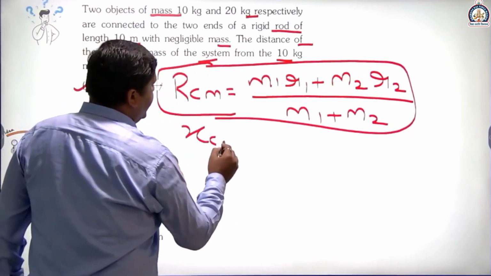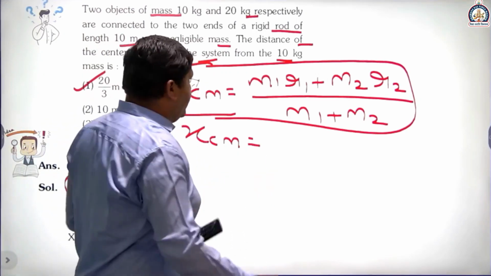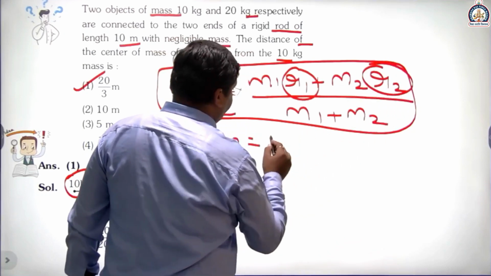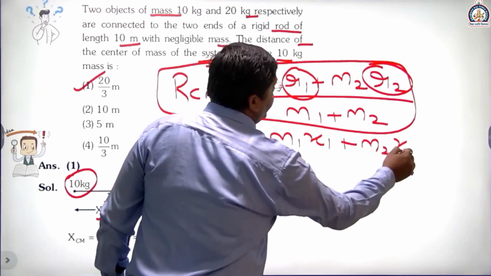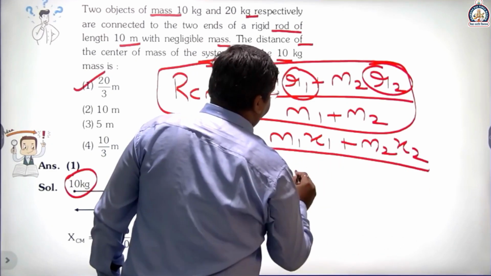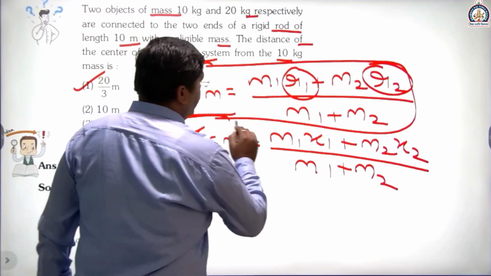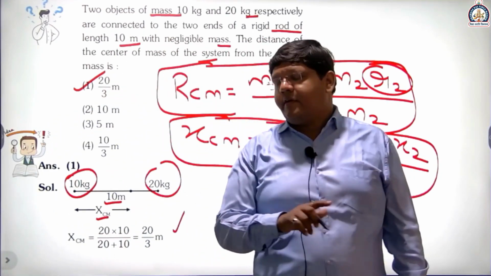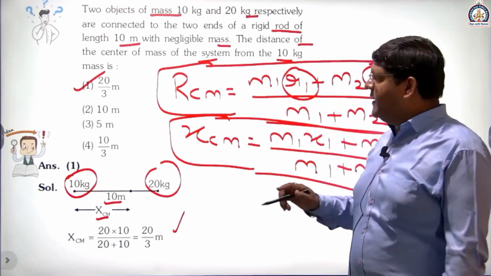And if we have to calculate xcm, xcm stands for center of mass for the x coordinate, we just replace r1 and r2 by x1 and x2: m1 x1 plus m2 x2 upon m1 plus m2. This is the required formula for center of mass for the x coordinate. A similar formula can be written for the center of mass for the y coordinate by just replacing x by y.